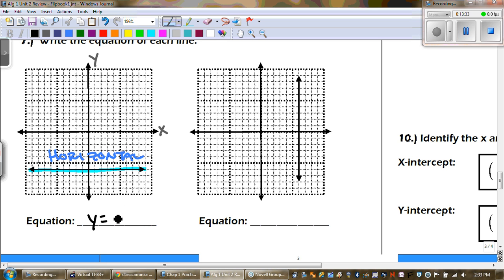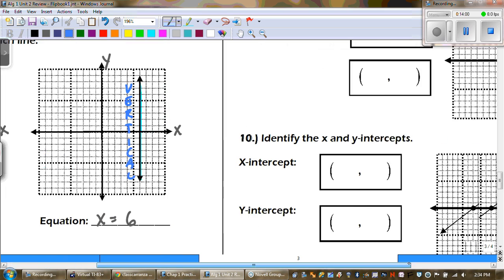And it's horizontal at y equals negative 6. Okay? Same with our next one. There's your y, there's my x. It crosses the x, so it's an x equals, and it's at positive 6. And know that this is a vertical line.